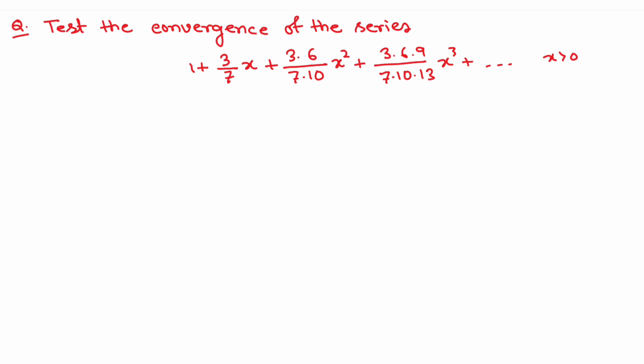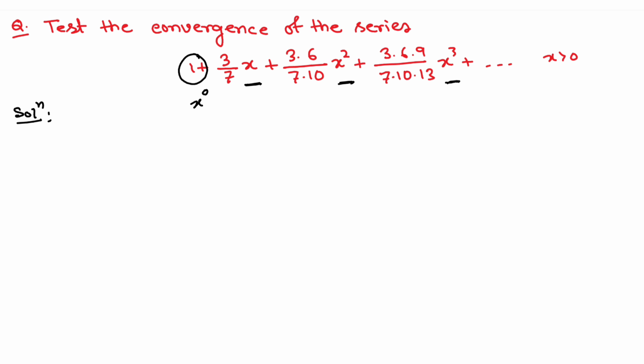Here you can see that in this pattern the first number is not satisfying the pattern. Here the power is x to the power 1, this is x square, this is x cube. If I include the first term, the power must be x to the power 0.